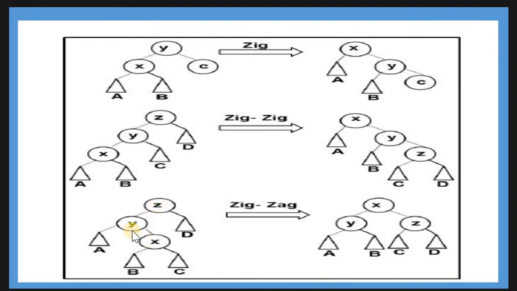X's parent is Y and Y's parent is Z. Y is the left child and its right child is X. So you can't use a single rotation, you have to do a double rotation with the combination, like you have to shift it to the left and then right. So ZigZag rotation. You first move X to the left and then you move it to the right side. So finally you are moving X to the root node.